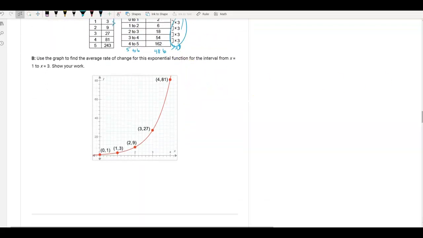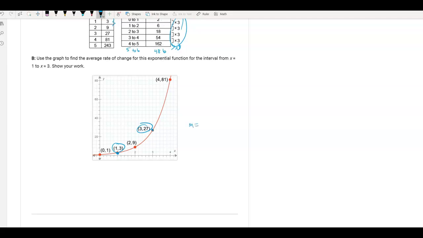So when you look at example B, what is the average rate of change for the exponential function for the interval x equals 1 to x equals 3? So here's 1 and here's 3. It's almost like if you drew a line through it, right? What would the slope of that line be? Well, what is my change in y?